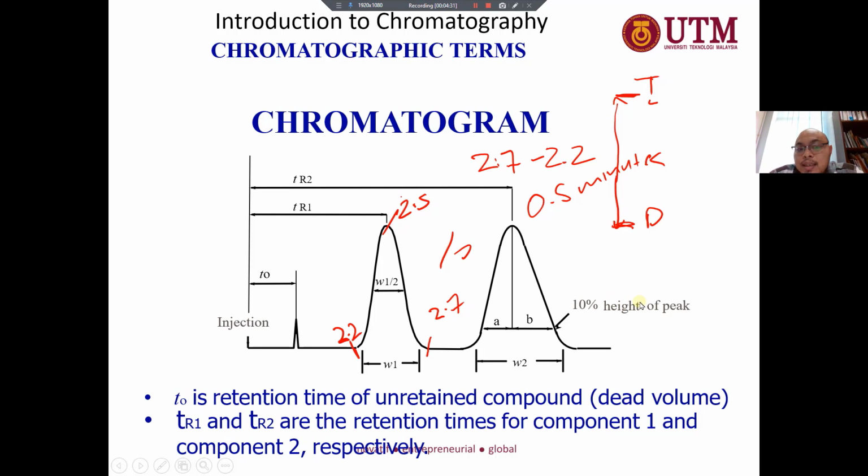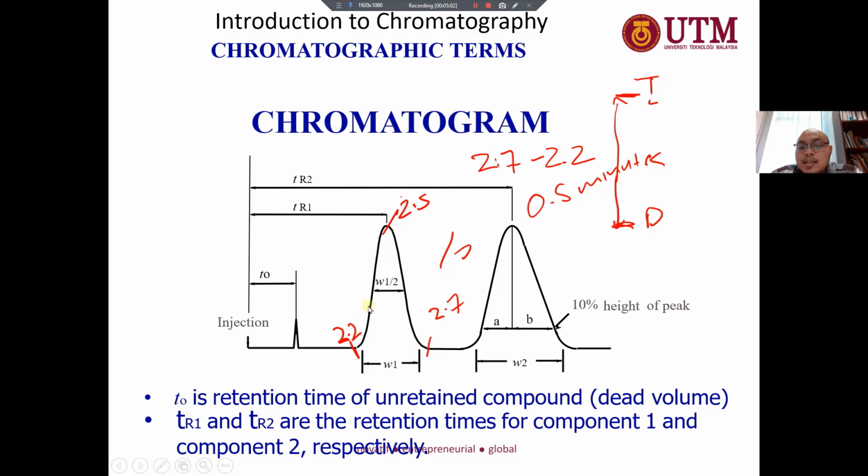So I hope you get the idea. We have the T naught or the dead volume or unretained compound. We have the retention time. We have the width of the peak. The width of the peak can be measured in two ways. Either you use the ruler to measure in centimeter or millimeter, or, more precisely and better, the time difference between its rising peak until it reaches the baseline.